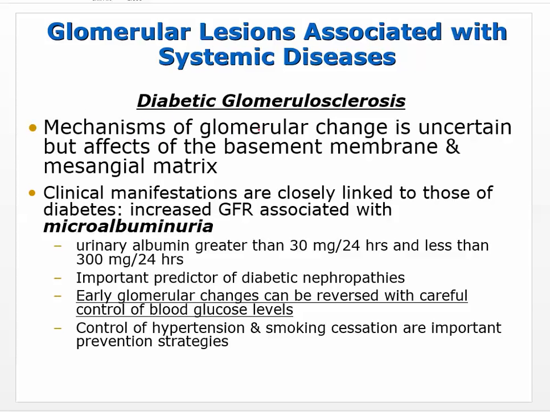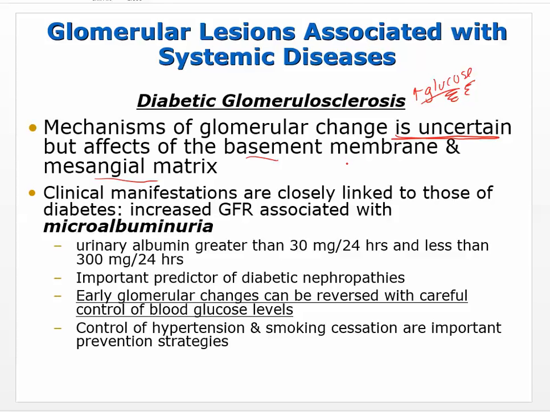So the mechanism of glomerular change is uncertain. We're not exactly sure what happens, but of course it's probably going to have something to do with increased glucose. So we have increased glucose levels, and that is somehow messing with, to put it in official terms, the basement membrane and the mesangial matrix.